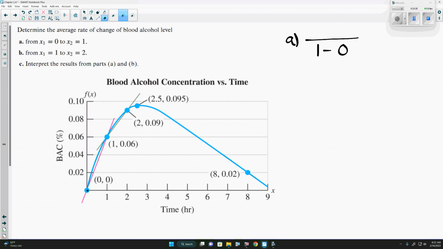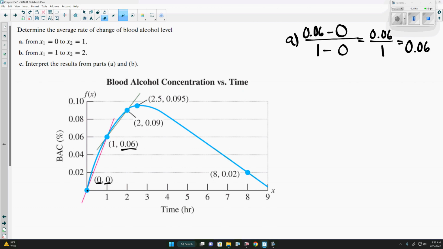Because on the graph, at 0, x, the y value is 0. And at 1, it is at 0.06. 0.06 minus 0 is 0.06 over 1. So the average rate of change between 0 and 1 is 0.06.